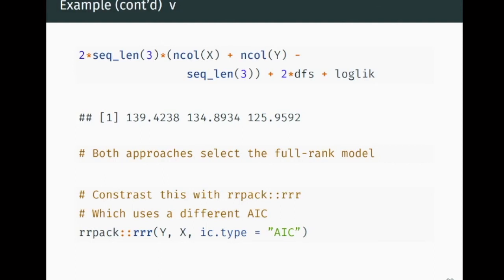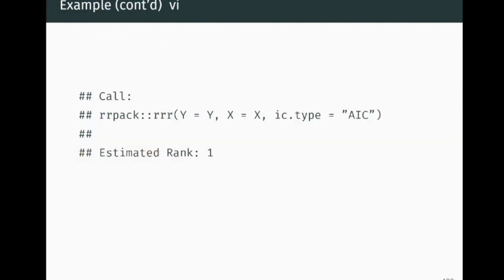To use this function, we simply call RRR on y and x, and then we need to specify the type of information criterion we want. In particular, I want the AIC. You can look at the documentation to see the different choices. When we do this, it selects the model with the smallest AIC automatically, and in particular, it selects the model with rank 1, a different model than what our own AIC selected.